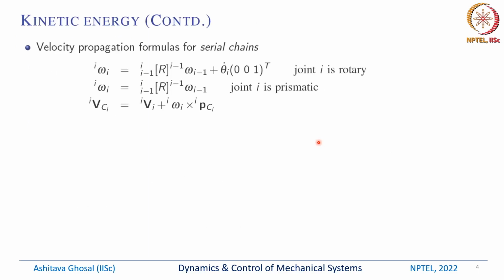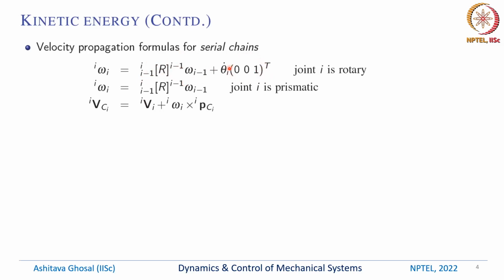So as I have mentioned, we can use the velocity propagation formulas for serial chains. Recall that the angular velocity of the ith link written in its own coordinate system can be written in terms of the angular velocity of the i minus 1th link, the previous link, again written in its own coordinate system, pre-multiplied by this rotation matrix.